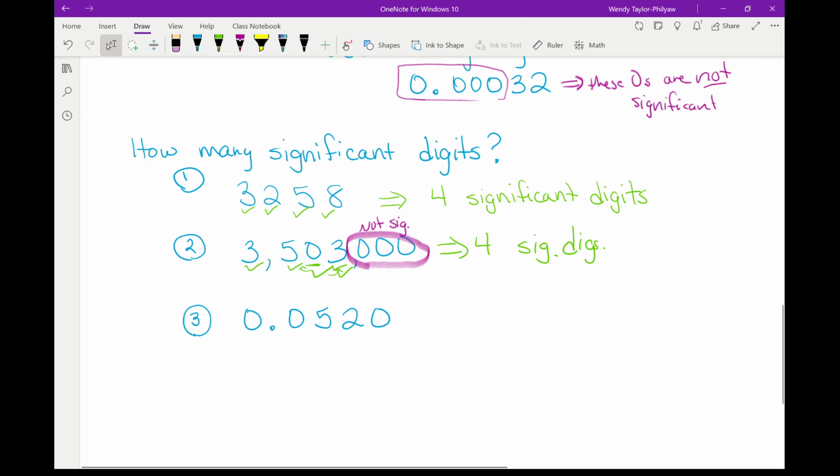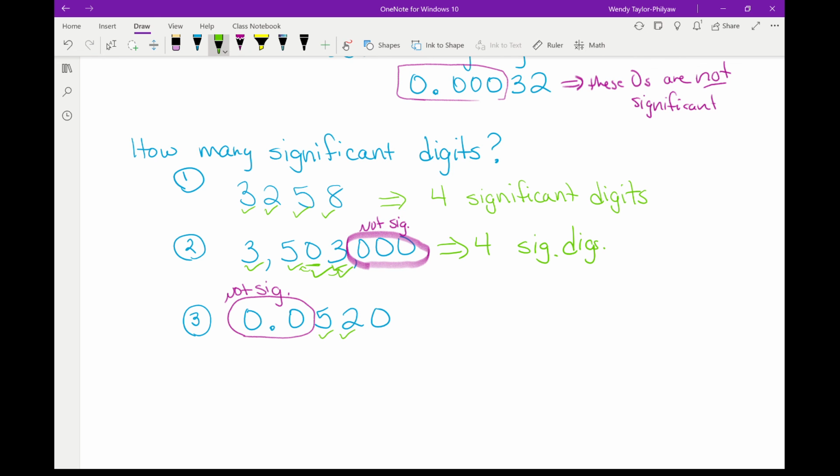How about the number 0.0520? 520 10,000ths. Okay. So I know that zeros at the beginning of a decimal are not significant. I know that digits that are not zeros are automatically significant. So how about the 0 at the end of the decimal?